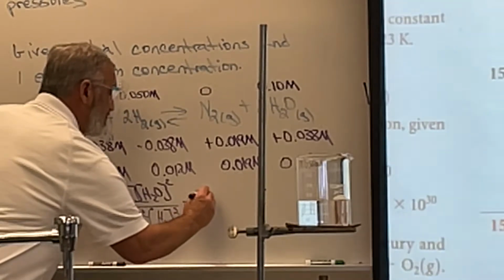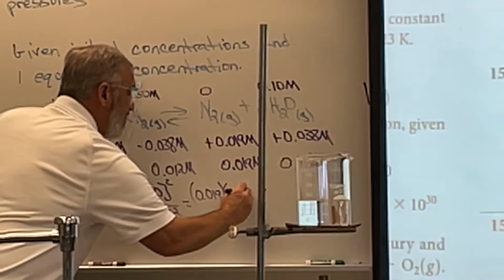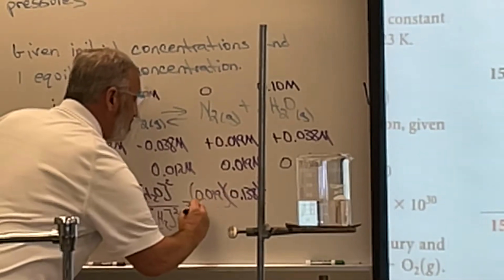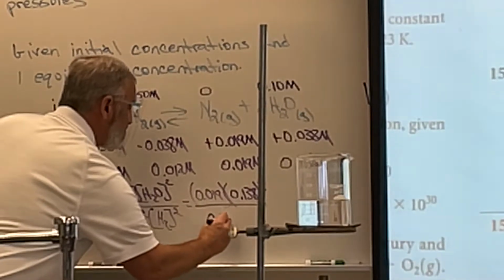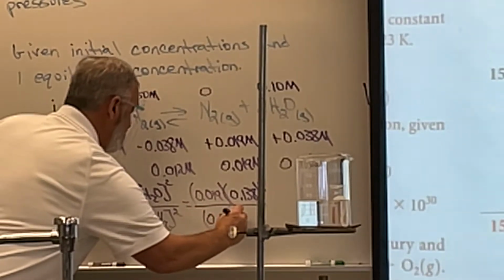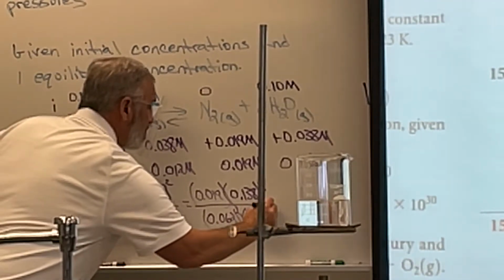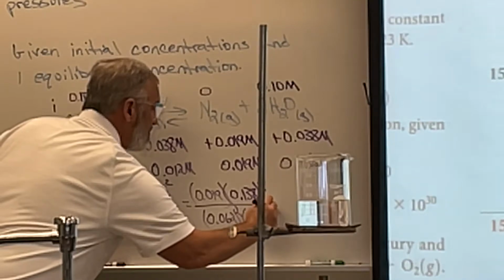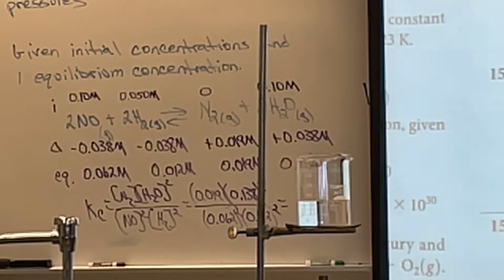N2, 0.019. H2O, 0.138 squared. NO, 0.062 squared. H2, 0.012 squared. Now once again, let's work on our calculator usage abilities.